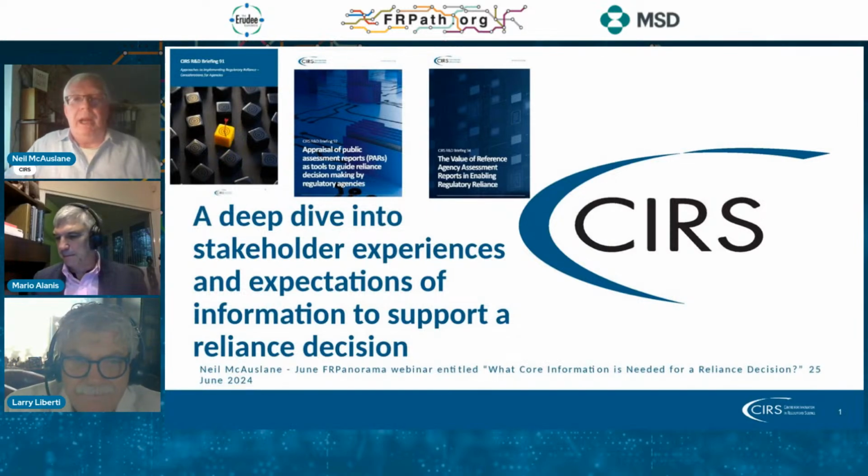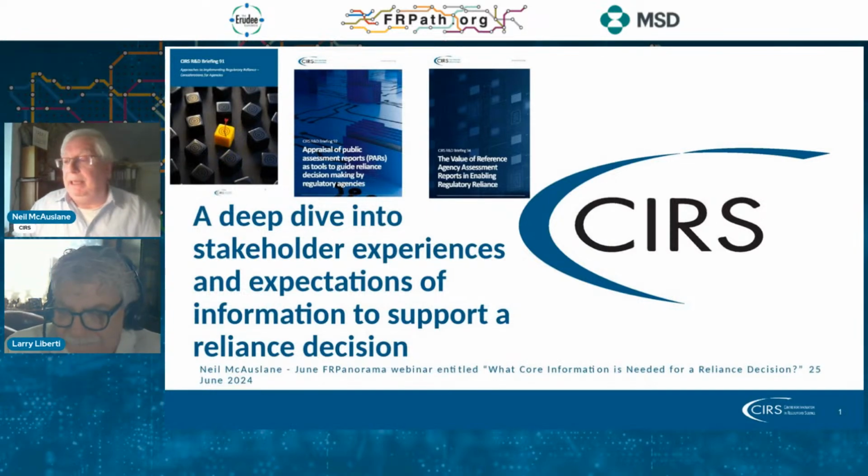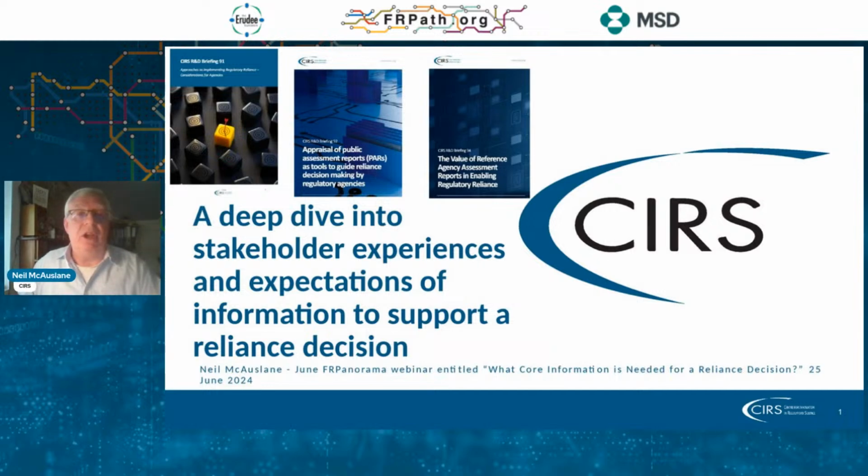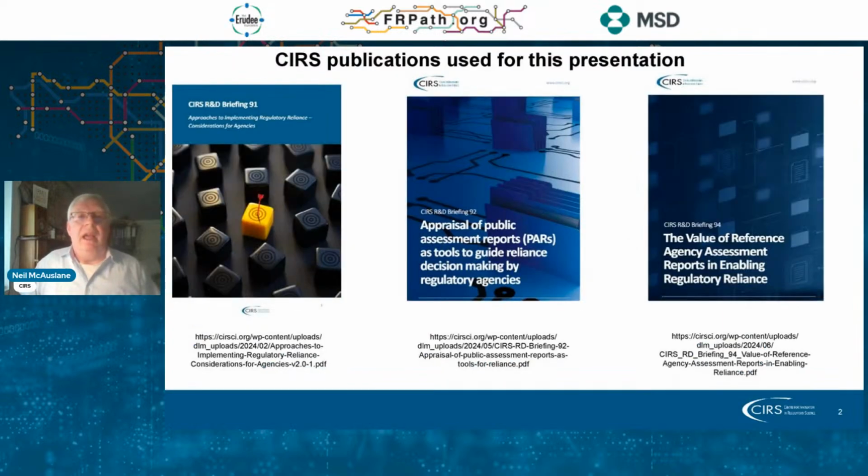All right. What I'd like to do in the next 15 minutes or so is really go to this title of a deep dive into stakeholders' experiences and expectations of information to support Reliance decisions. Now, I'm going to be focusing on these three publications that have just come out, and I have to give credit to the regulatory team within CIRS: Magda Bujer, Adam Kermid, and Juan Lara Ramon, for the work that they've done in order to produce these.